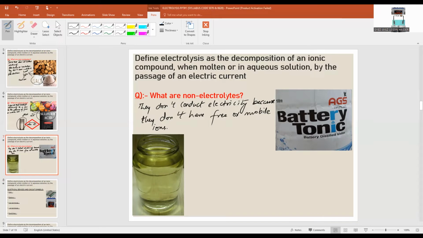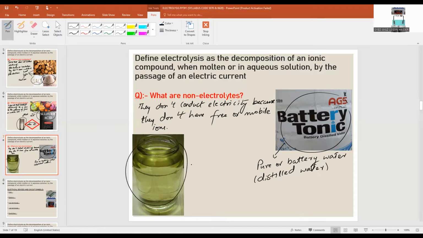Here we have some examples: pure or battery water, also known as distilled water. We have other examples also, like you can include organic liquids, such as petrol. They don't have any free ions, so that's why they do not conduct electricity.